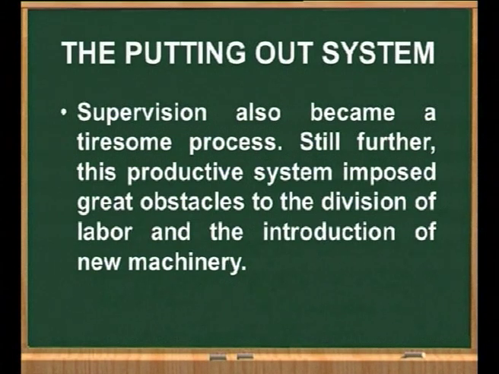Supervision also became a tiresome process. Still further, this productive system imposed great obstacles to the division of labor and the introduction of new machinery. Thus, it was almost impossible for the entrepreneur to cut cost or to increase production.